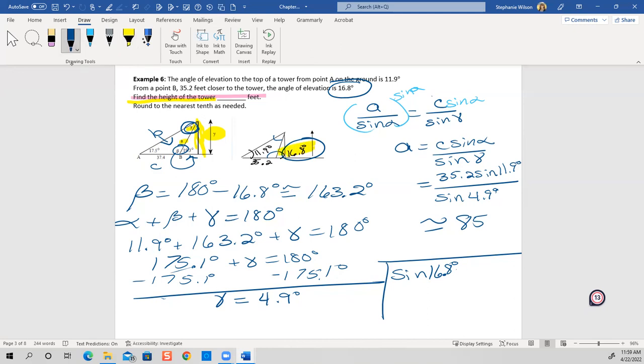Okay, I'm going to set it equal to h over my A. And of course, we're going to multiply both sides by A to get h by itself. So now I have h is equal to, and I'm going to plug in for A. And I'm going to type this in my calculator, round to the nearest tenth if possible. And what do I get? I get that it is 24.6 feet tall.